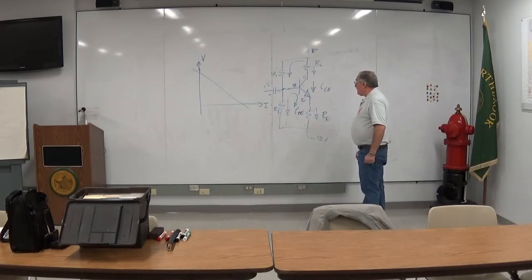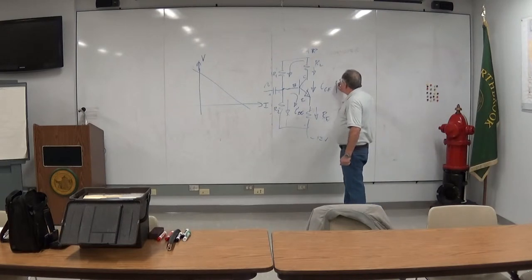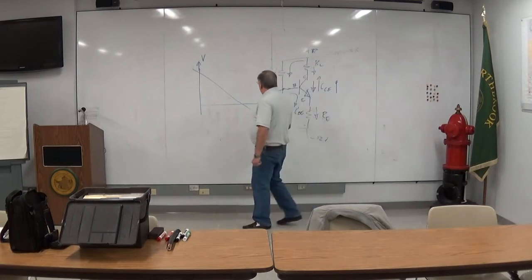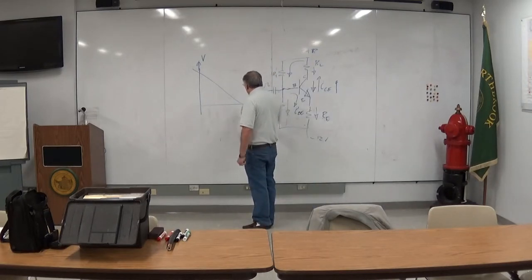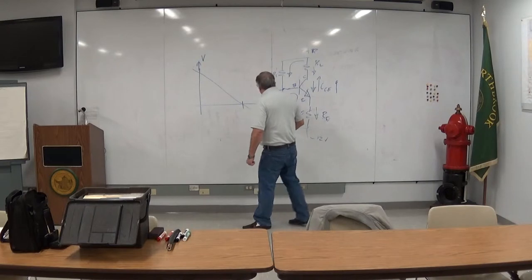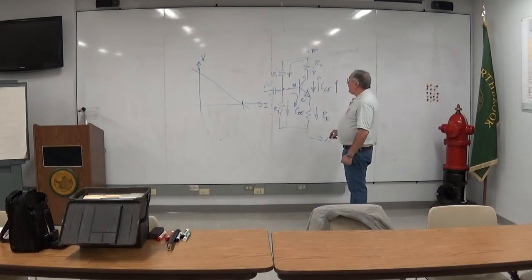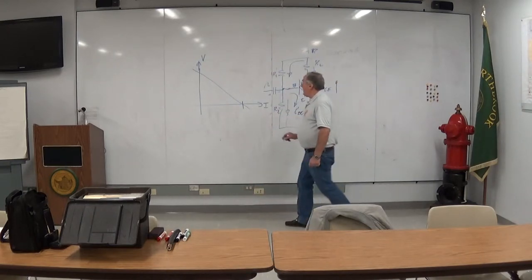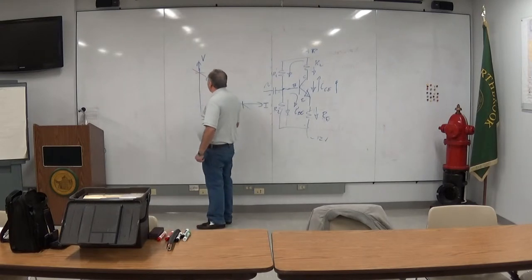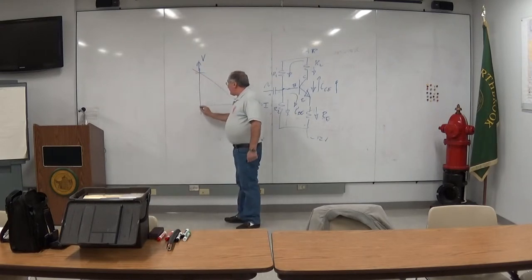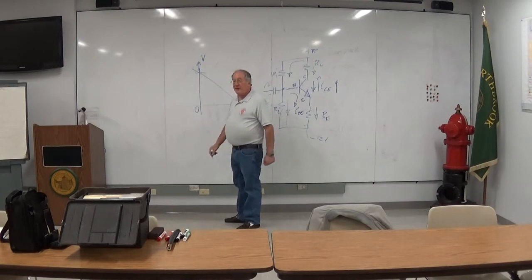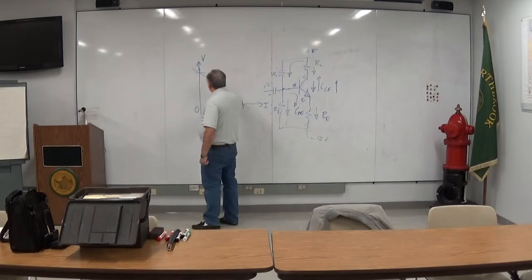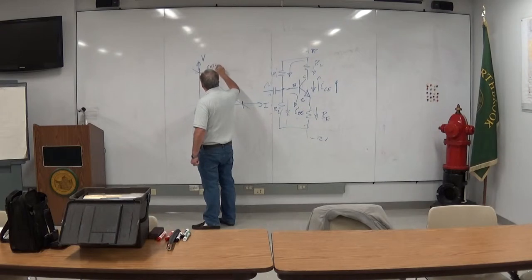If you have no current, then all the 12 volts here will drop across the collector to emitter path. So where is that on the load line? Well, it'll be right here. You'd have a case where the current is 0 and the voltage is maximum. That position is called cutoff.